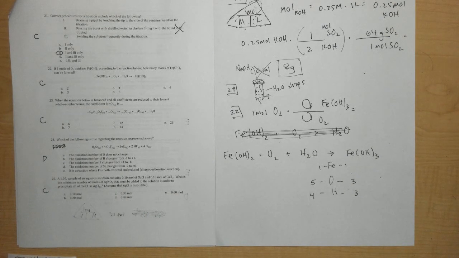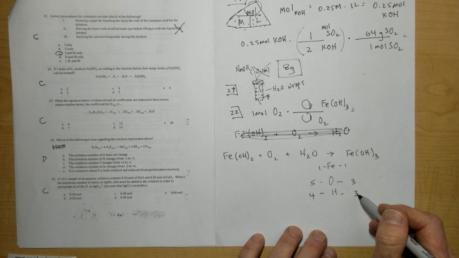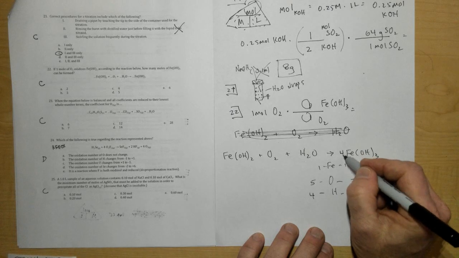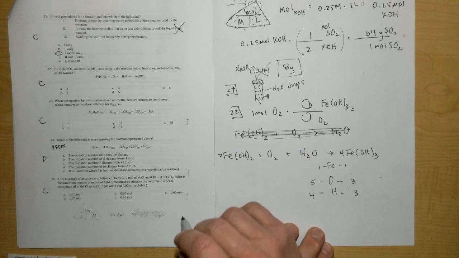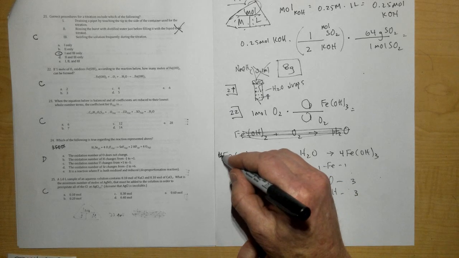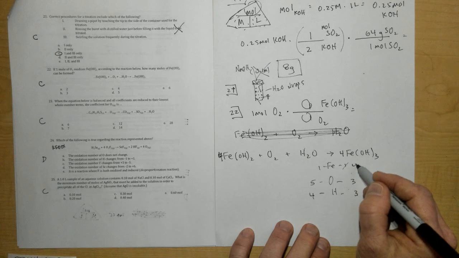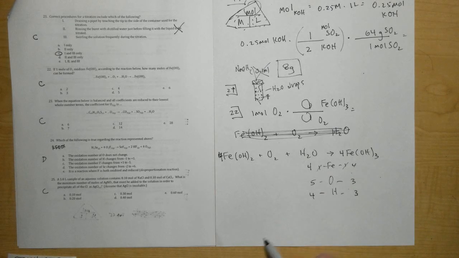And to balance this guy is going to be a little bit tricky. Let's try the hydrogens first. 3 and 4. So let's try a 4 here and a 3 here. Nope. If I do a 4 here, then I have to do a 4 here as well. Okay, so that's going to give me 4 irons and 4 irons.